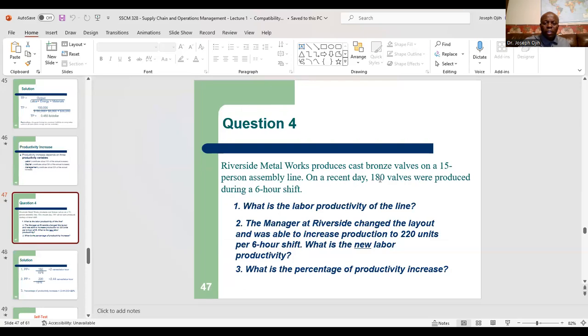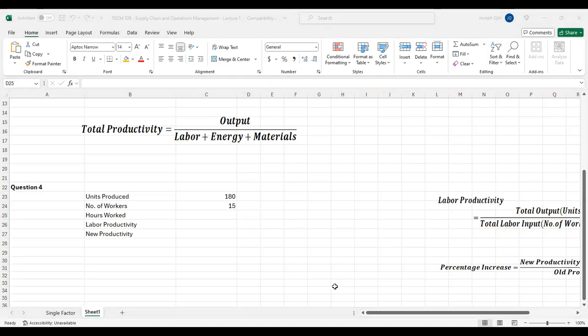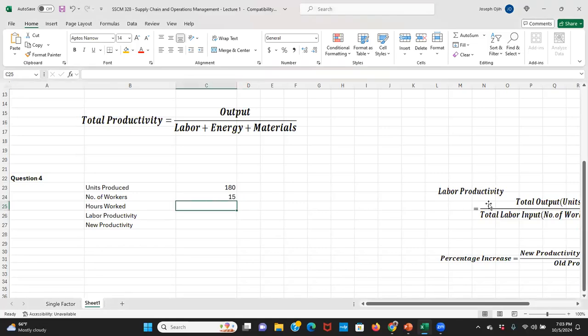On a recent day, 180 valves were produced. Oh, I wrote 100,000 by mistake. So units produced is actually 180 valves. Yeah, 180 valves were produced. Now, hours worked.